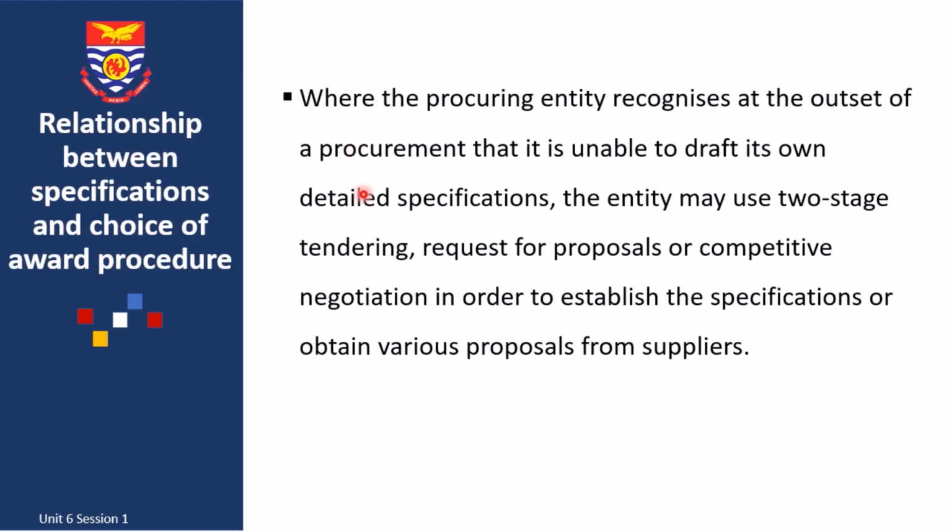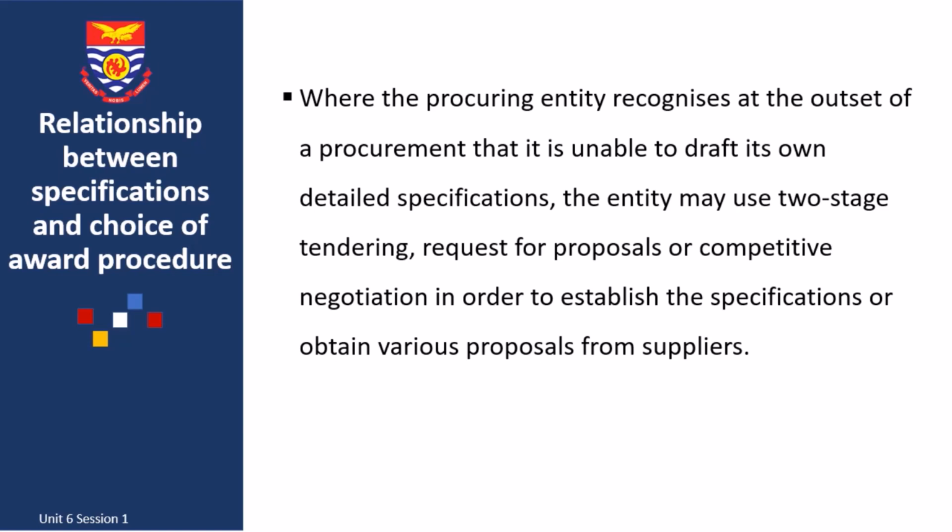So, in formulating specifications or in undertaking procurement, an organization would select a suitable method of procurement depending on their ability to formulate detailed specifications. If the organization is able to formulate detailed technical specifications of the product, it means that ideally open tendering is the best method to use.